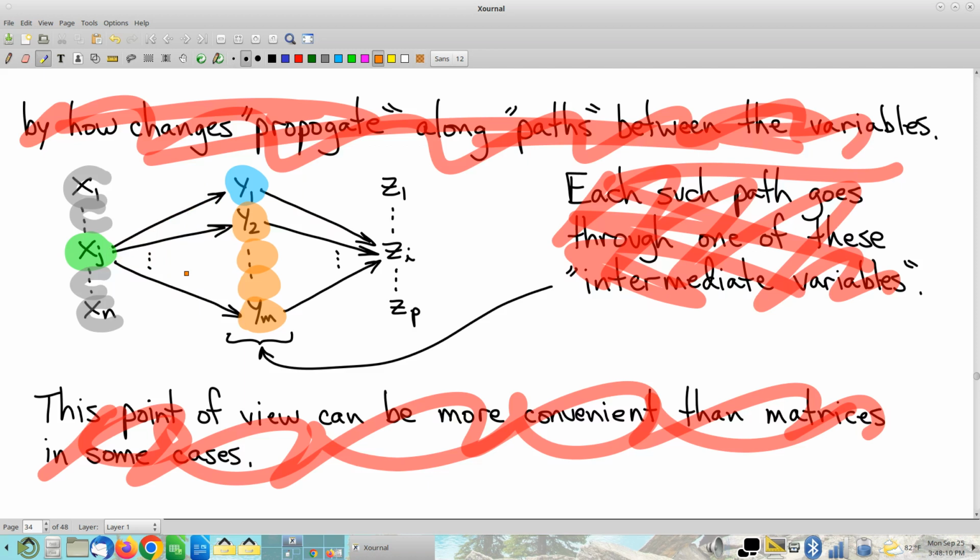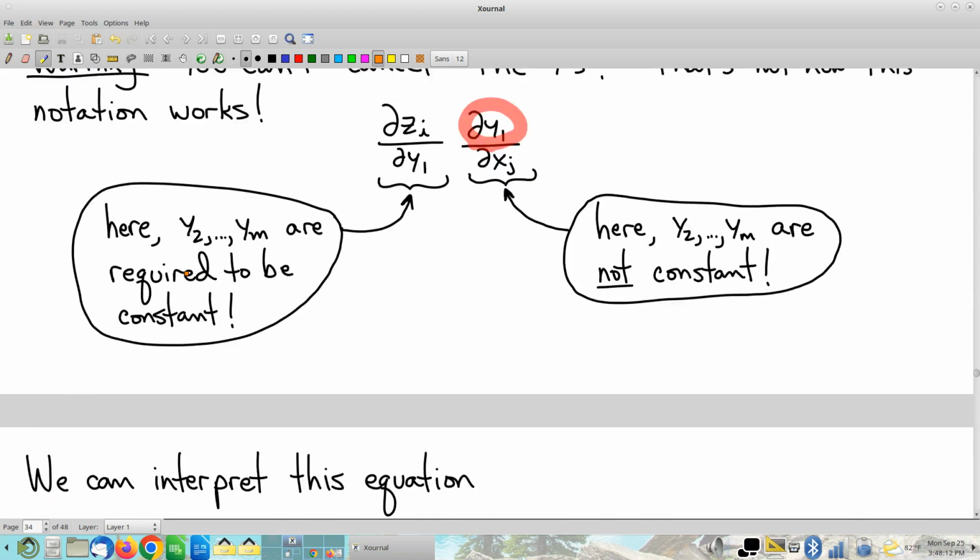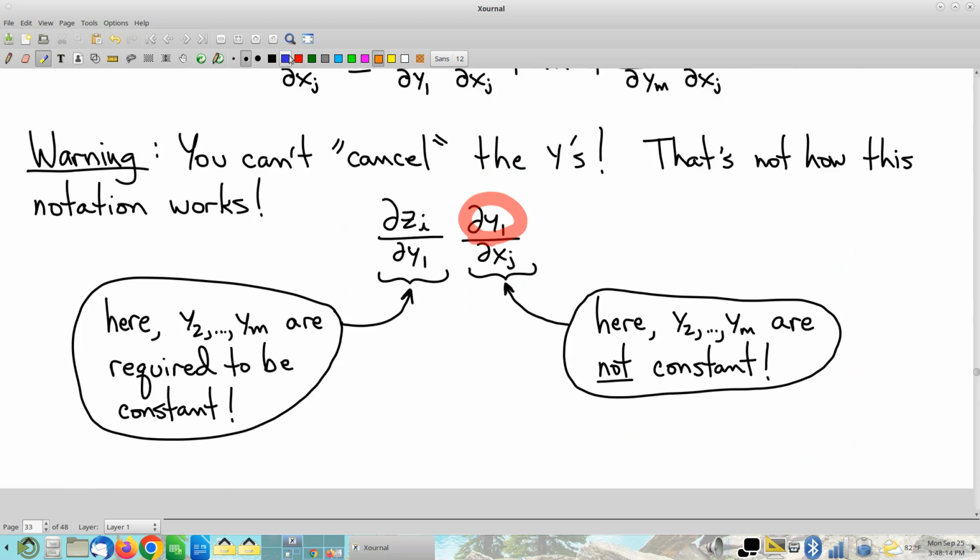Okay, now let's look at the other scenario, trying to understand what this y1 means. That y1, different story. We're looking at the partial of zi with respect to y1. How do partial derivatives work?